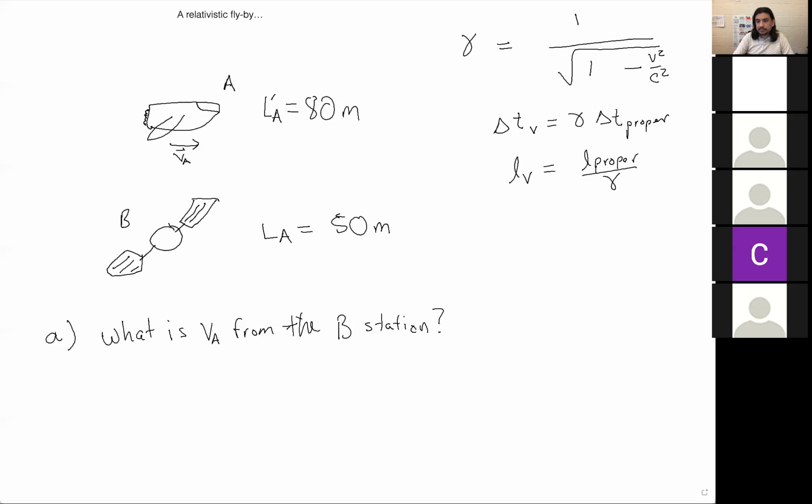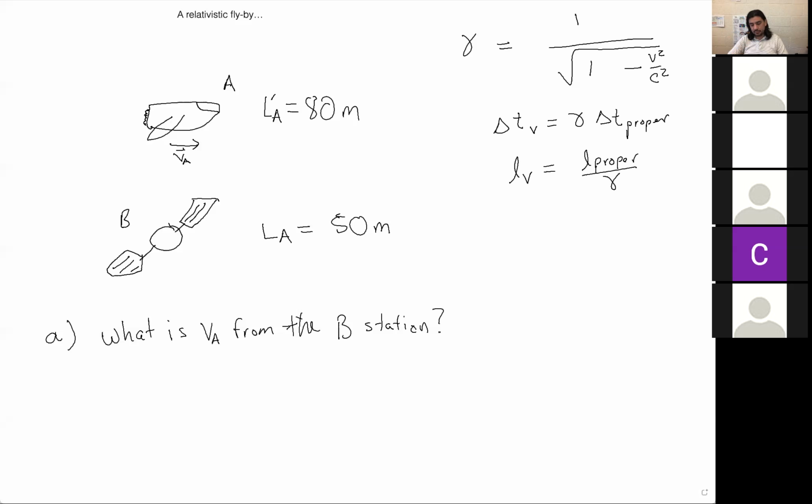So Joshua, what is the proper length of the spaceship? Is it 80 meters? Exactly, right? So that's the proper length, because that was the length that somebody inside the spaceship would measure, or if it was at rest and you're in the same frame of reference, it's the length that you would measure. So now, based on that, you have to solve for B, right?